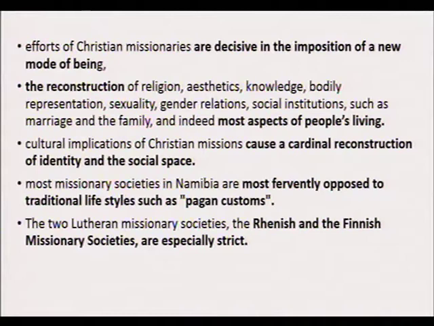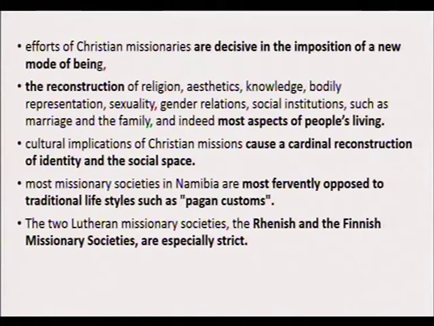The cultural implications of the Christian missions caused a cardinal reconstruction of the identity as well as the social space. Most missionaries in Namibia were most fervently opposed to the traditional type of lifestyle, and they saw it as pagan customs.